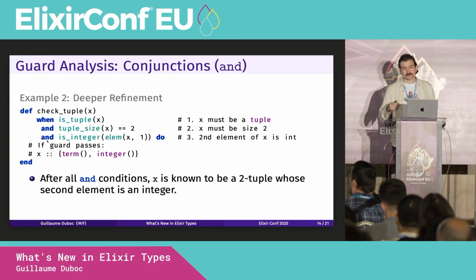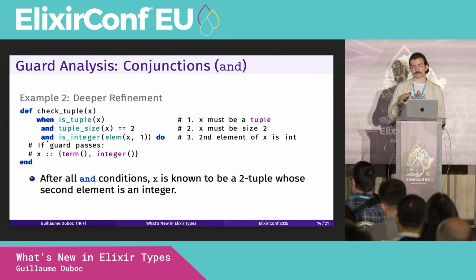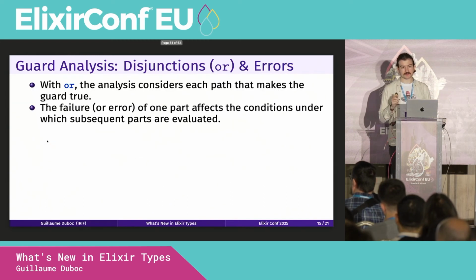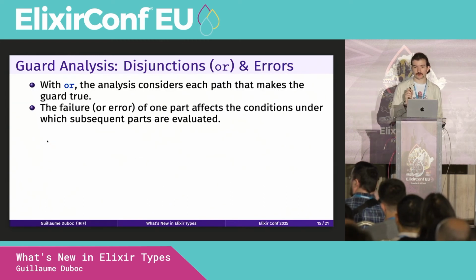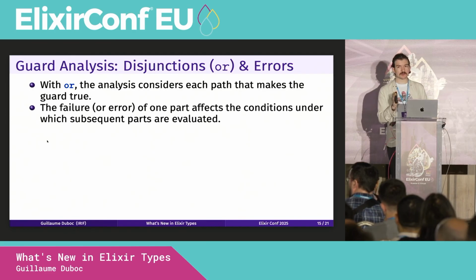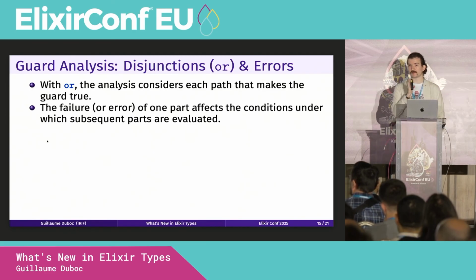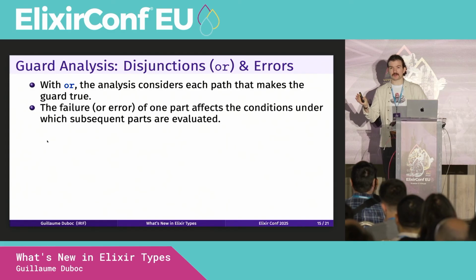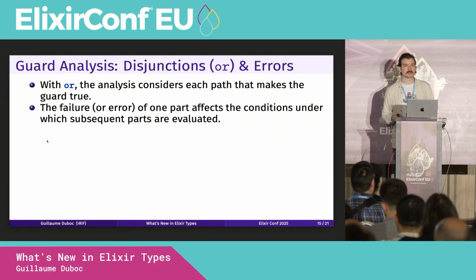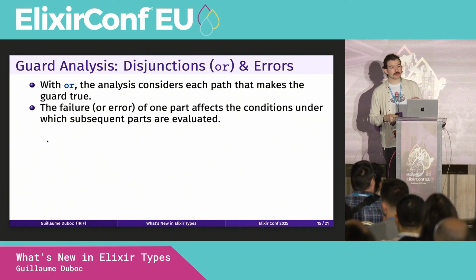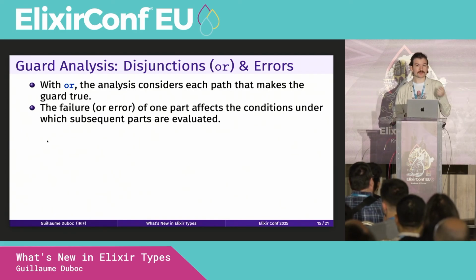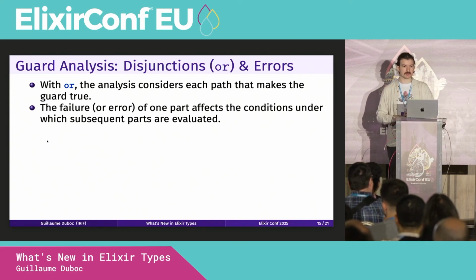So this is how we handle conjunctions, and disjunctions are a bit more complex, because it's not only about analyzing one guard and the other and saying that values that succeed this guard are one or the other, because actually the success of the first guard influences what goes on in the rest of the guard.